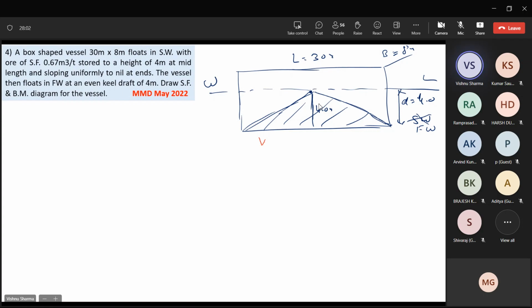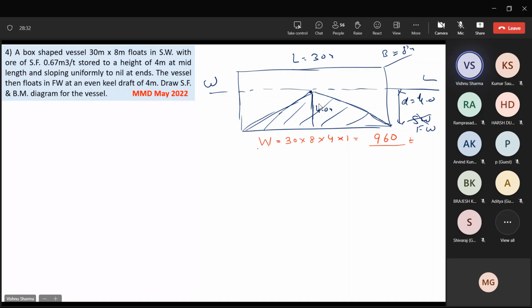How will we get the load displacement? What to multiply with what? 30 into 8 into 4 is the underwater volume. It is in fresh water, so many tons. Can you please use your calculator and give me what is the load displacement? 960. If anybody is not aligned with any of the steps, interject then only, beta. Please ask that time itself.